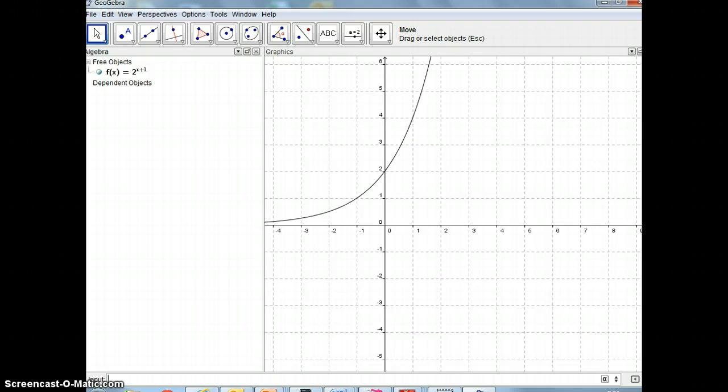Now, has that shifted 1 unit to the left? Think about it carefully. I'll tell you what I'll do. I'll put in y equals 2 to the power x, and you can see the original.